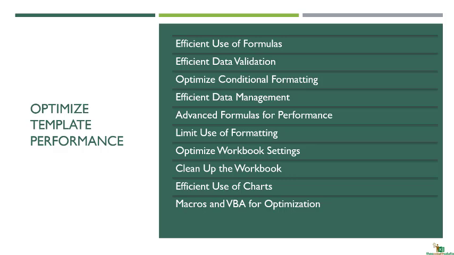Like you have drop down list. Drop down list helps you to define what kind of data input will be on a particular cell. Then how do you manage data efficiently? Then use of advanced formulas for performance, limit use of formatting, optimize workbook settings, clean up the workbook, use of charts, then macro and VBA for optimizations.